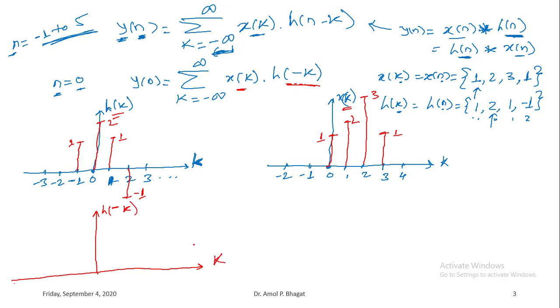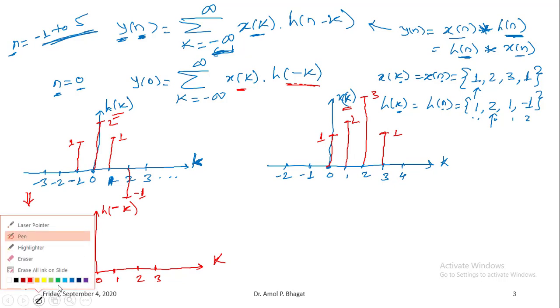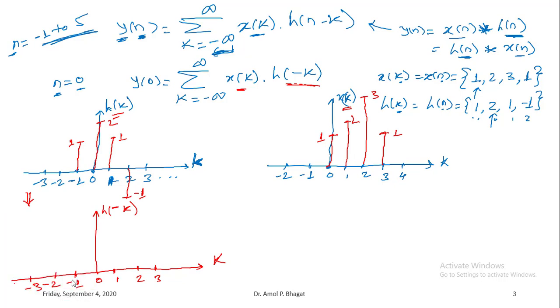Okay, so h of minus k can be obtained from h of k. This is nothing but your folded version. About origin you will get the same samples, so again 0, 1, 2, 3, and here -1, -2, -3. To plot these values I have to fold the given h of k about origin.